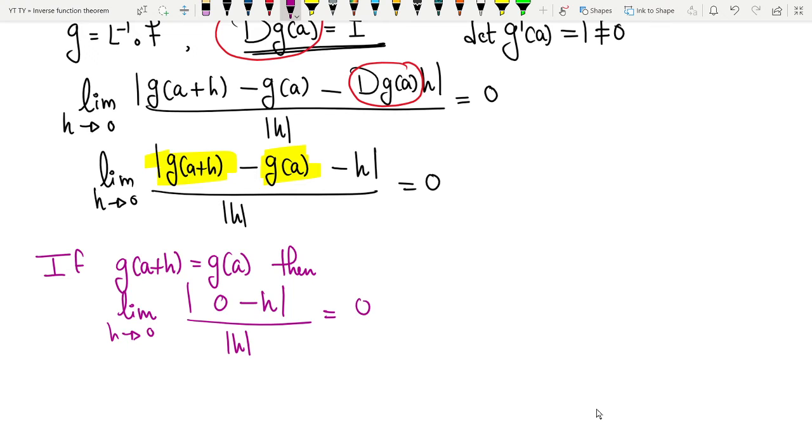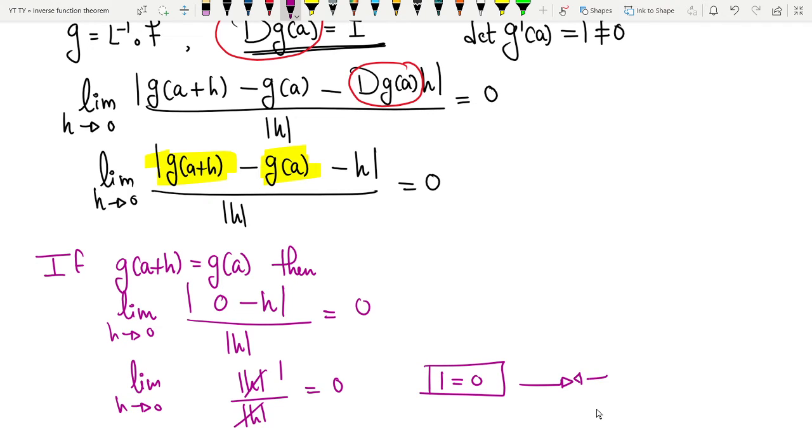That is nothing but the limit of norm of h upon norm of h equal to 0. I can cancel this and get 1 equal to 0. This is a contradiction to the fact that 1 is not equal to 0.